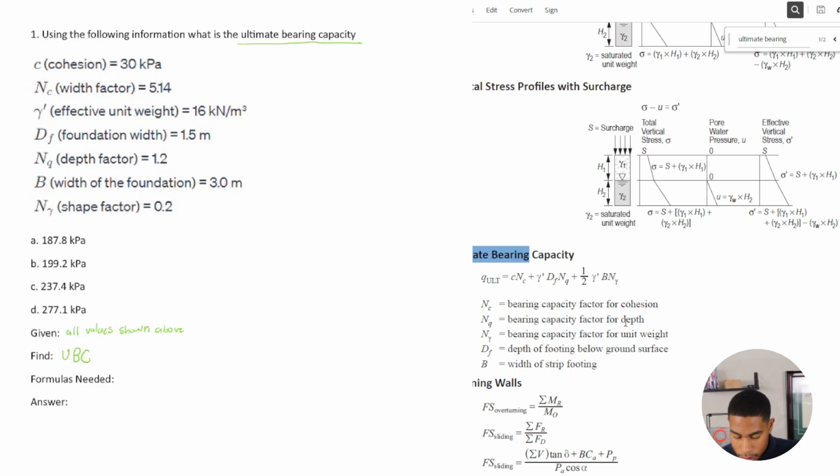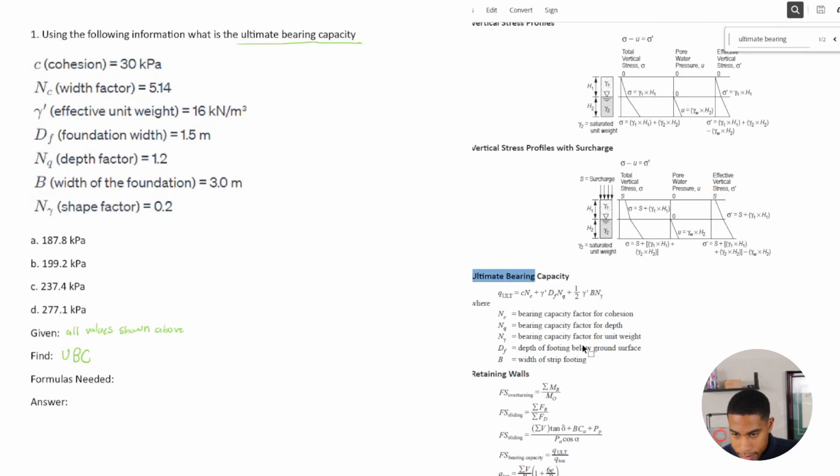The capacity factor for depth, NQ. Ours is 1.2, so we have that. Okay, plus 1/2. We have this. B is the width of the footing. The width of my footing is 3 meters. Okay, and then NY, or bearing capacity factor for unit weight. Ours is 0.2.